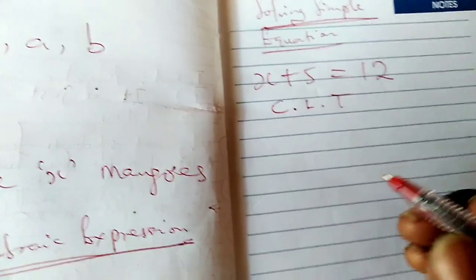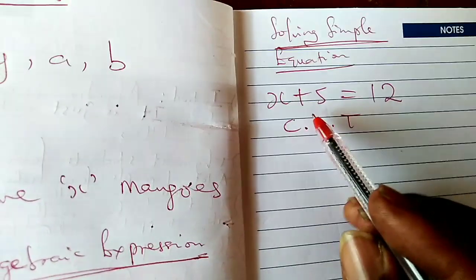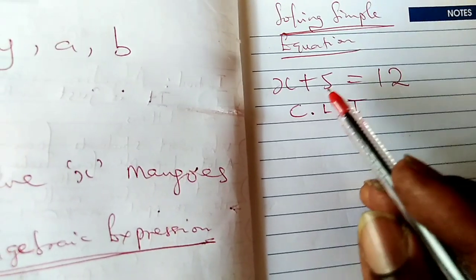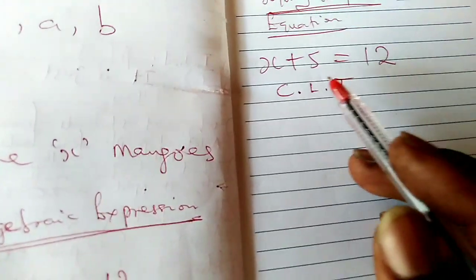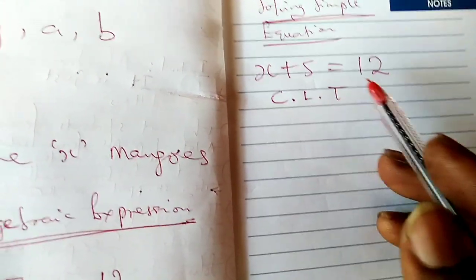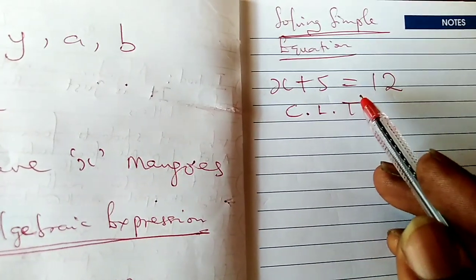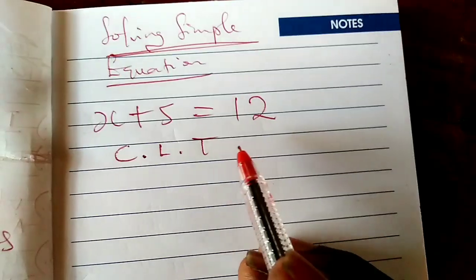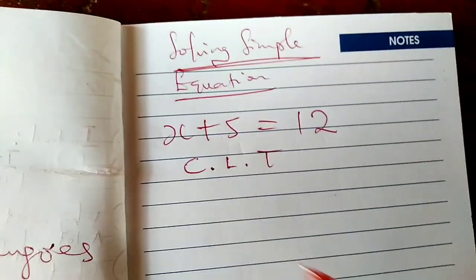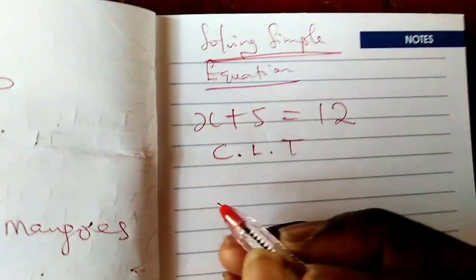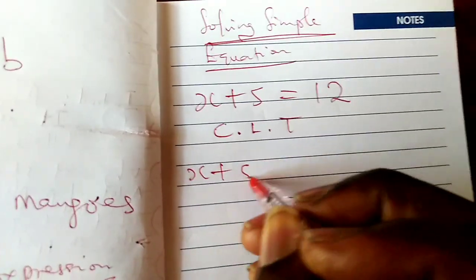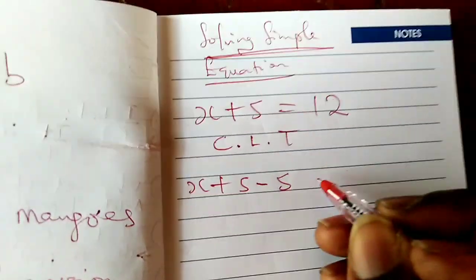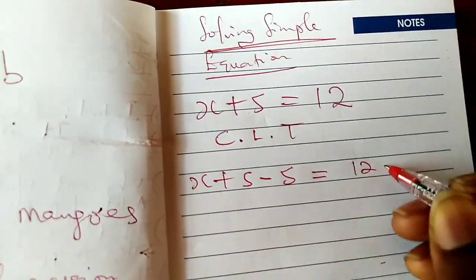If this 5 having this positive sign is crossing, it will turn negative, because anything that crosses the sign of equality changes sign. So it will be like this, the golden rule. x plus 5 minus 5 equals to 12 minus 5.